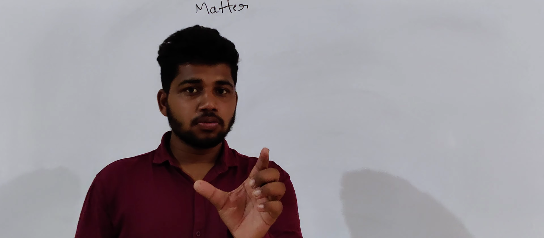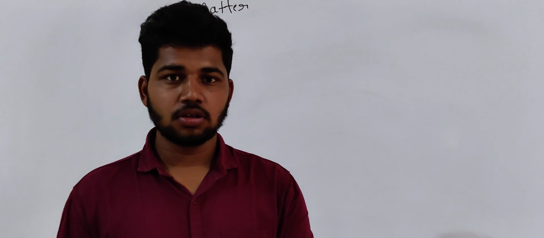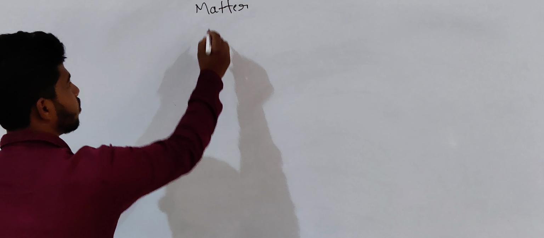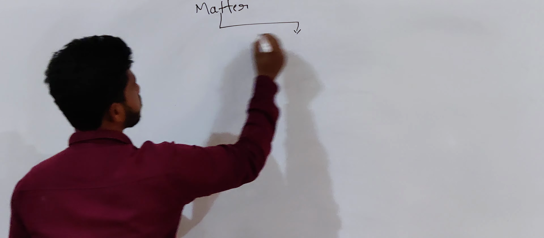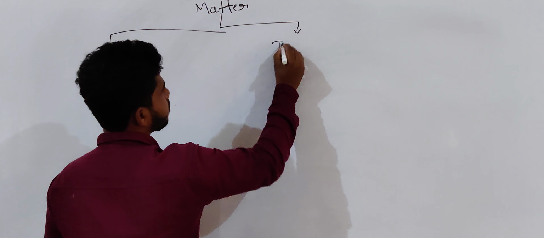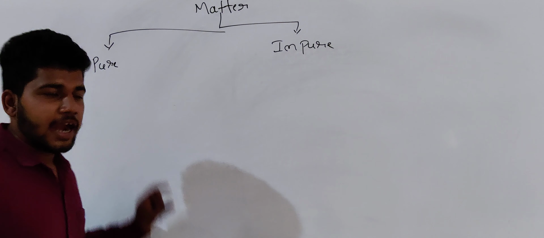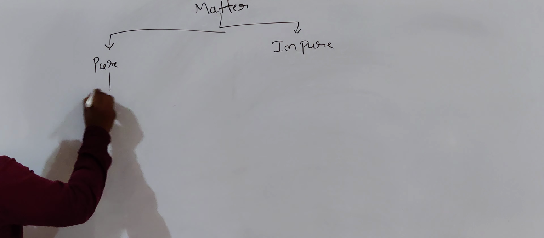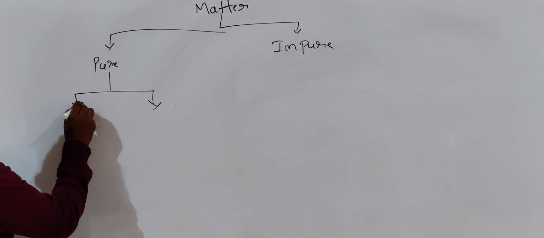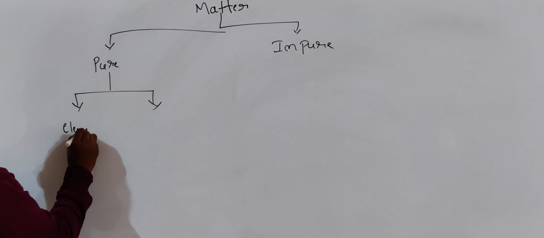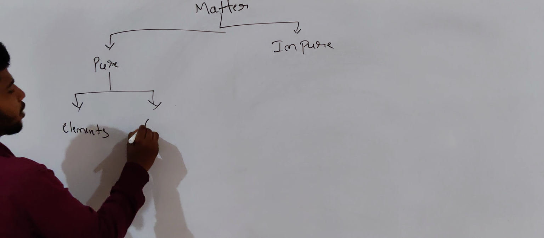And we also discussed that matter is divided into two parts. The first one is the pure substance and the impure substance. The pure substance is divided into two parts, that is the elements and the compounds.